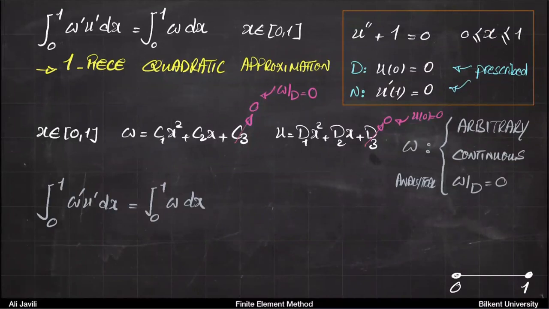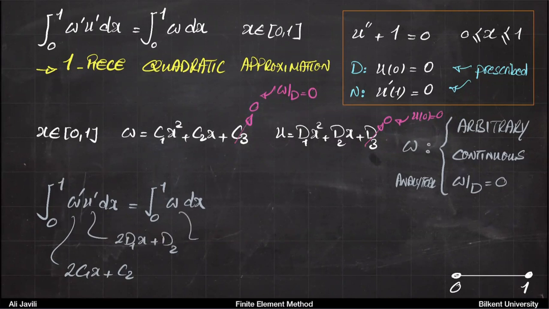If you look at your functions now, w prime is 2c1x plus c2. u prime is 2d1x plus d2. And w is just what it is: c1x squared plus c2x. All right, so what you want to do next is to just integrate this.